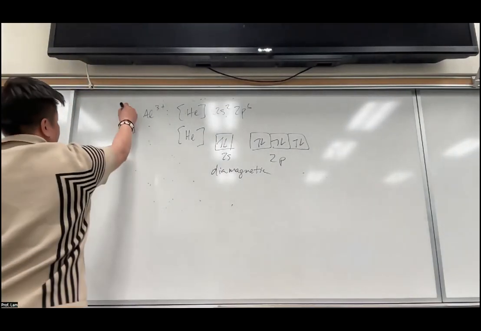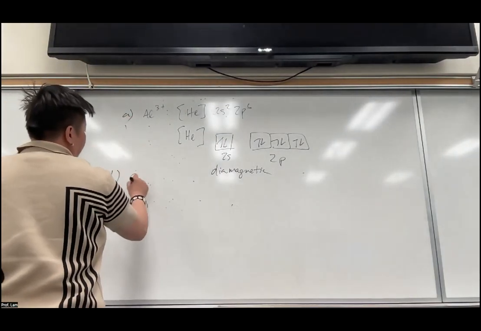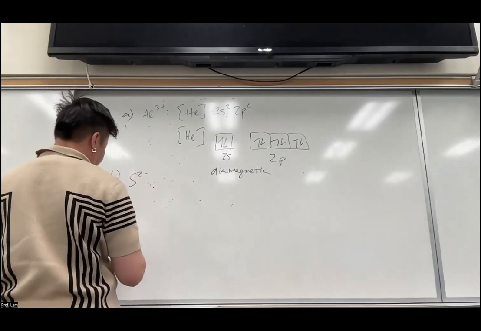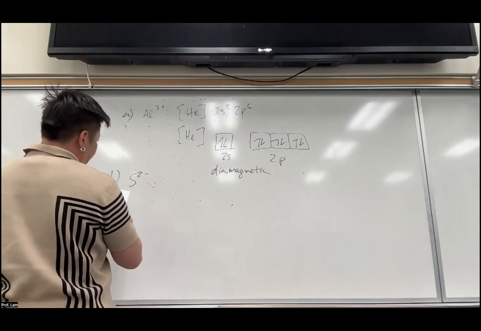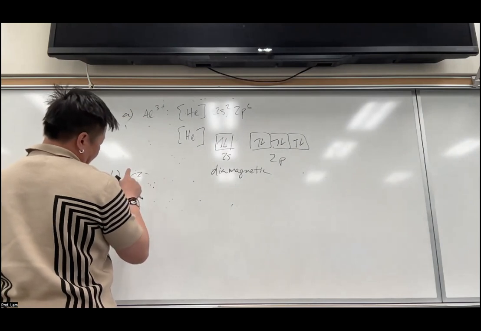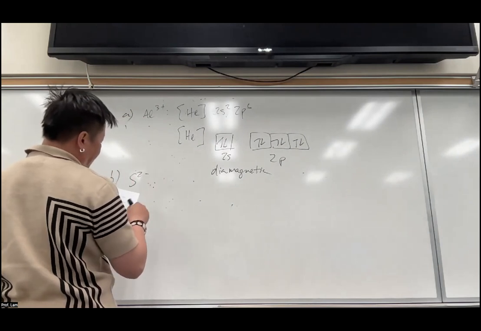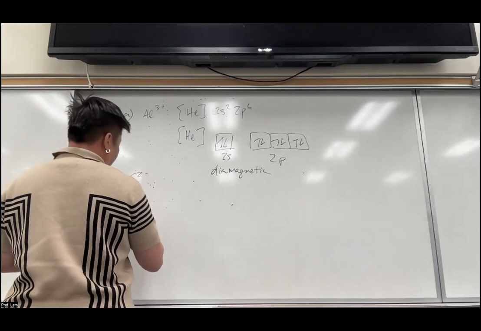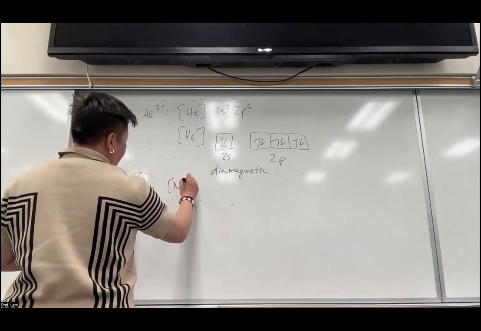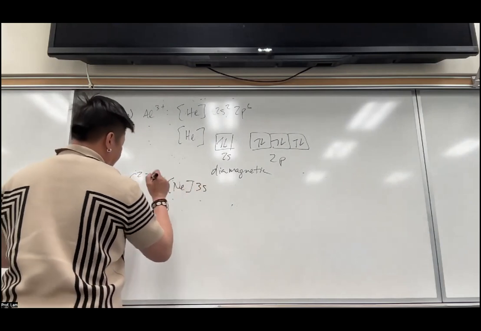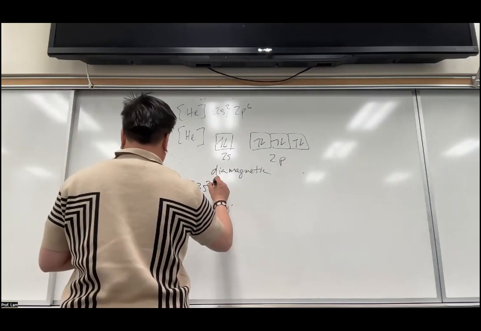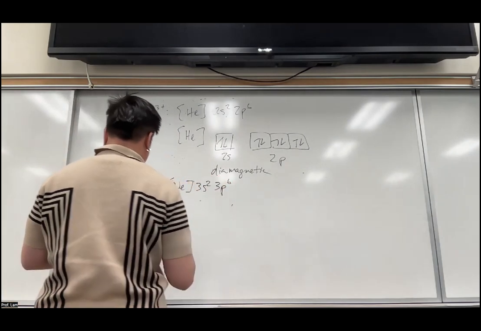Okay. So that was A. For B, sulfur 2-. Okay. So I got sulfur, put my finger on it, walk forward 2 spaces, I'm at argon. Okay, so argon's configuration is previous noble gas, which is neon, and then 3s2, 3p6.